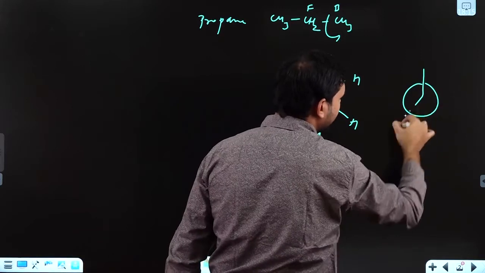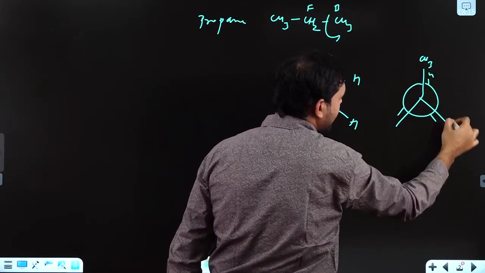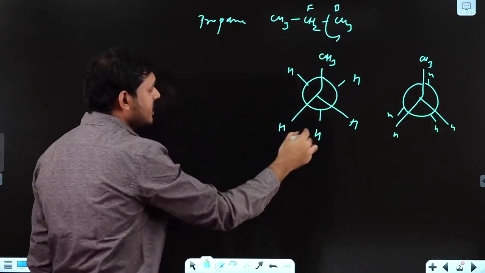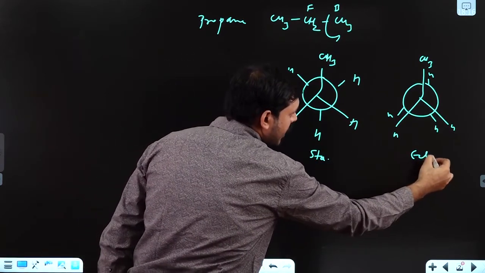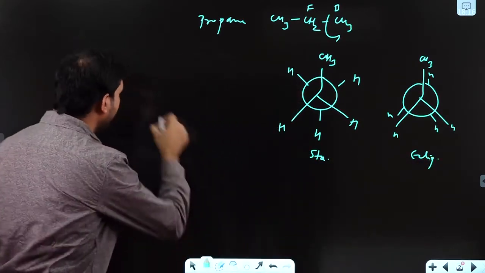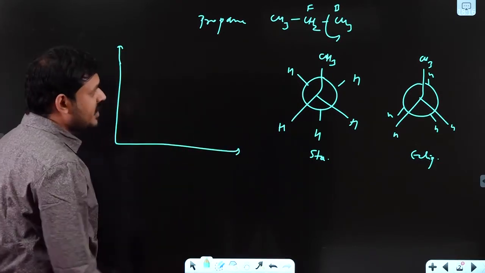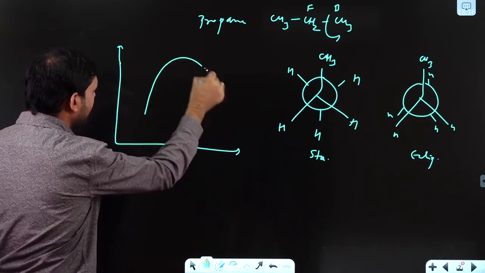Another case is CH3, H. Only these two conformers are possible. Again, this is your staggered form and this is your eclipsed form. If I draw the rotational energy barrier for this conformation, it will again be like this.